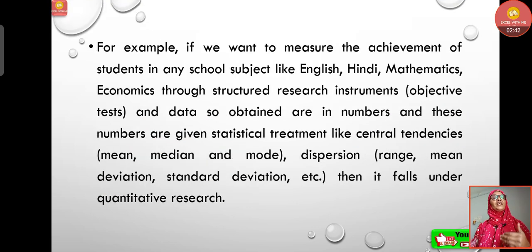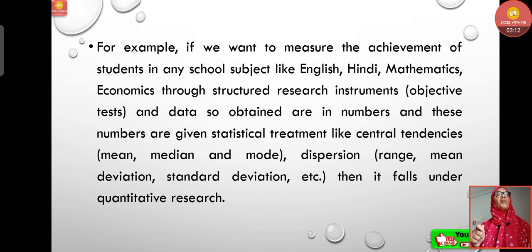Now, for example, if we want to measure the achievement of students in any school subject like English, Hindi, mathematics, economics through structured research instruments, that is objective tests, and the data so obtained are in numbers, and these numbers are given statistical treatment like central tendencies, mean, median and mode, then dispersion like range, mean deviation, standard deviation, etc., then it falls under quantitative research.